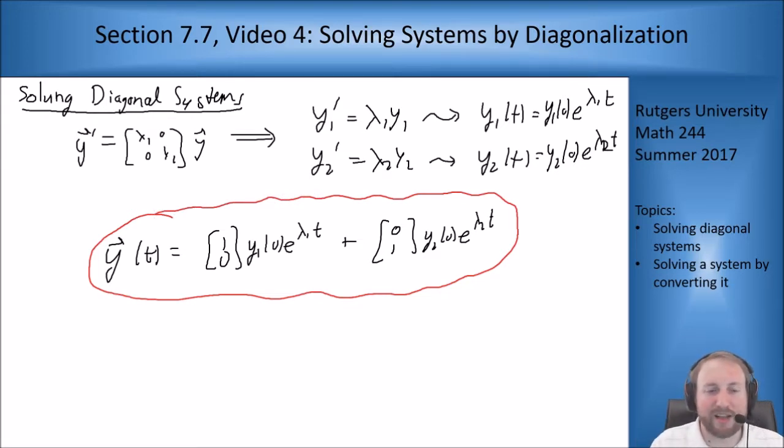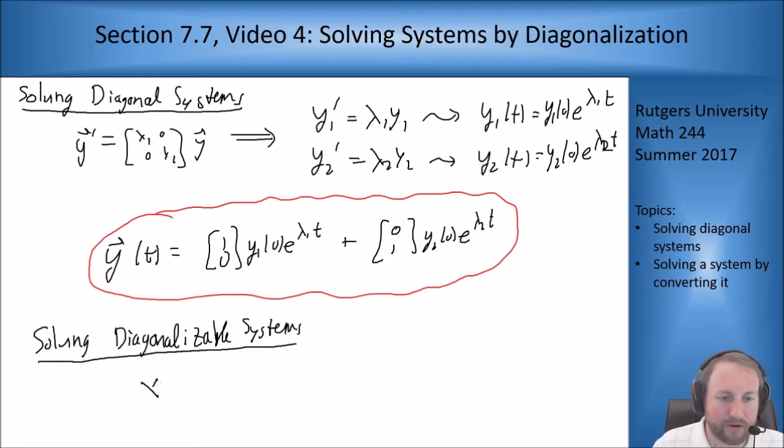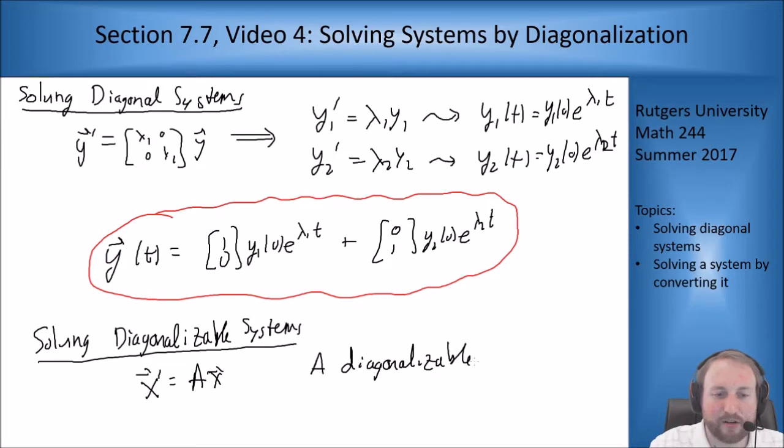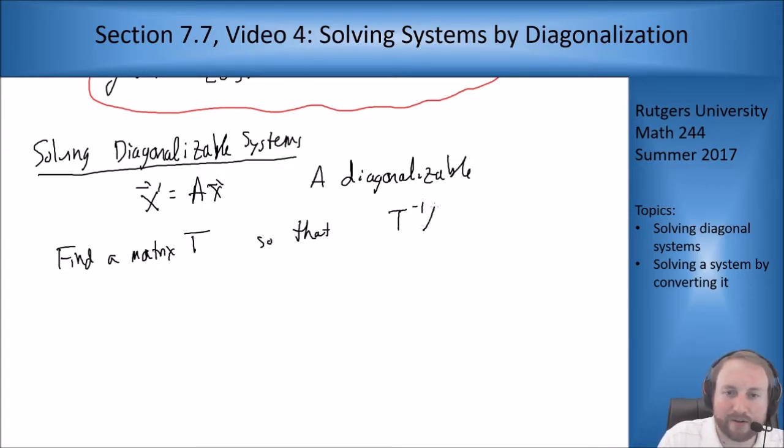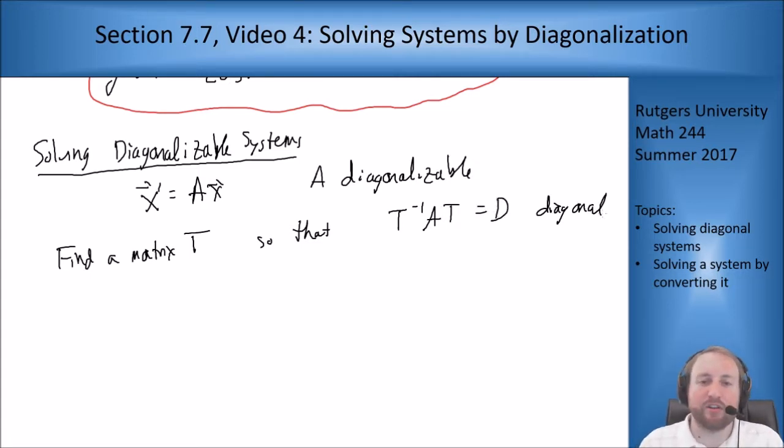So now, say we have a diagonalizable system. How do we go about solving that? Now I want to solve x prime equals Ax, where A is a diagonalizable matrix. So the idea goes like this. I want to find a matrix T so that T inverse A T is a diagonal matrix D. In the last video, we talked about how you can do this: if you find the n eigenvectors for A, you put them into a matrix, and that gives you a matrix T that does this.